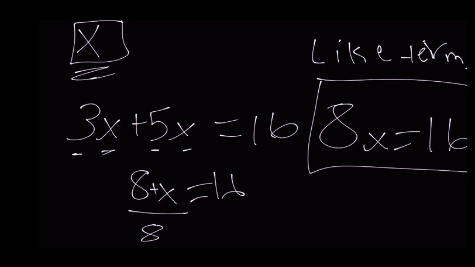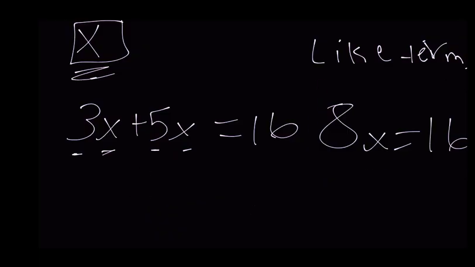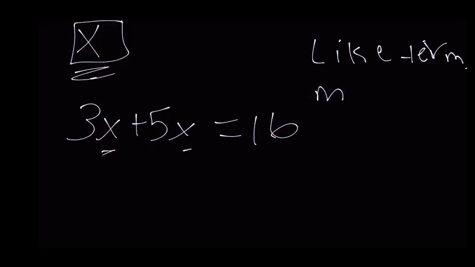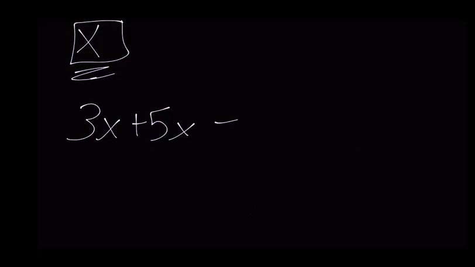That's the same thing as saying 8 divided by x. I'll show you guys. Give me a second. If I clear this board. So it's the same as saying 8 divided by x equals 16.